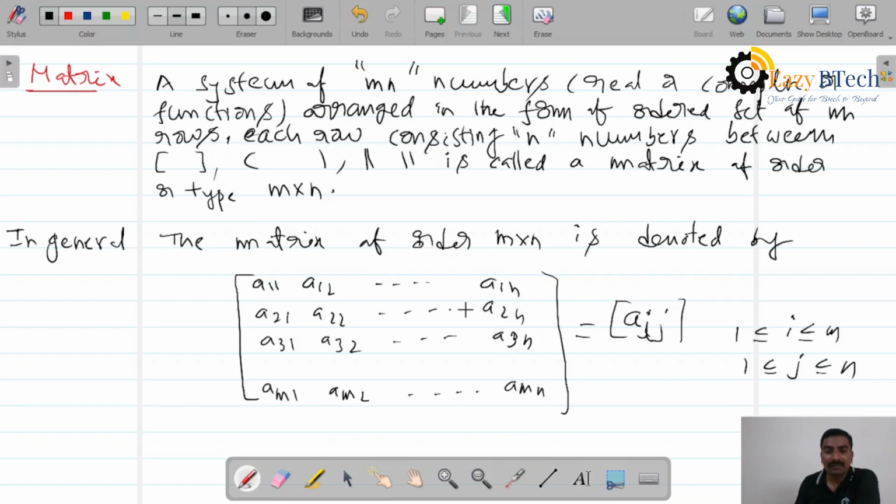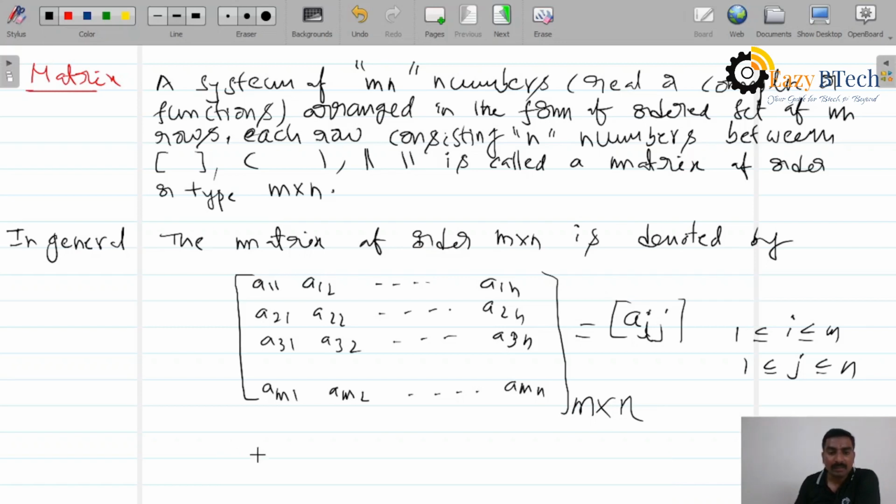Here there are m rows, so m denotes the number of rows, and here there are n columns, so n denotes columns. So here the order is m by n. If you write any order, first we have to write the number of rows into number of columns. Order of matrix equals number of rows into number of columns.